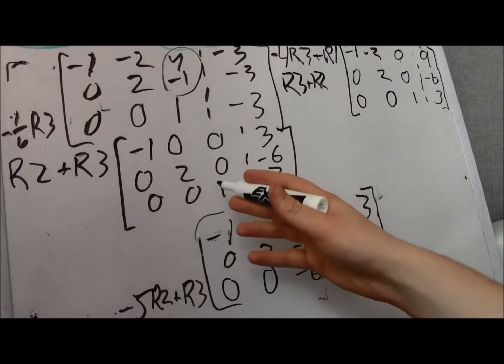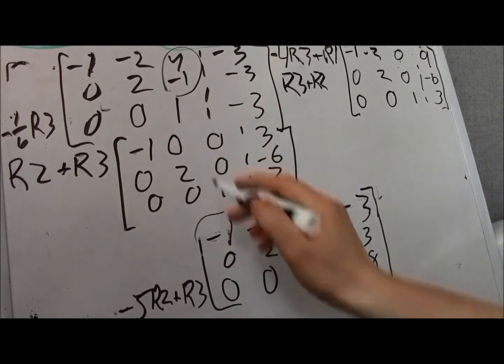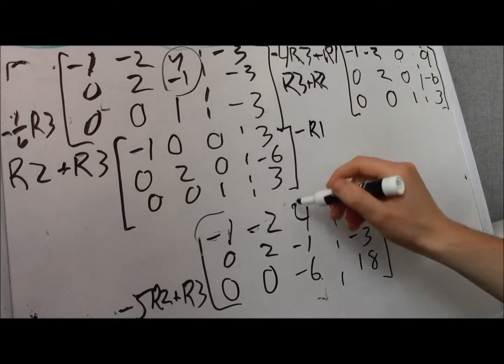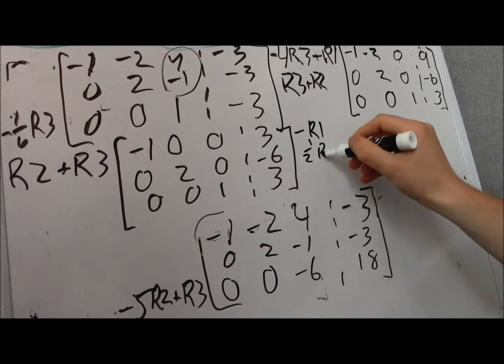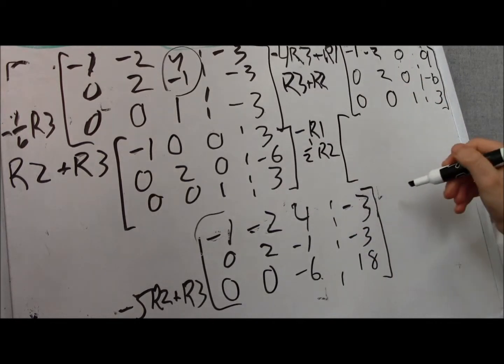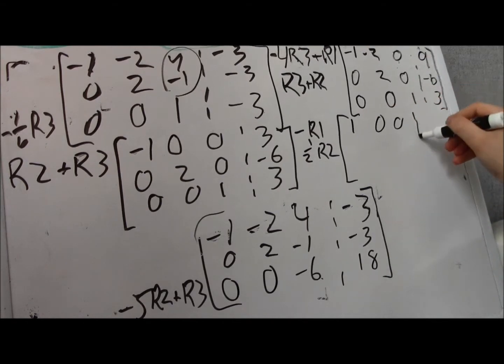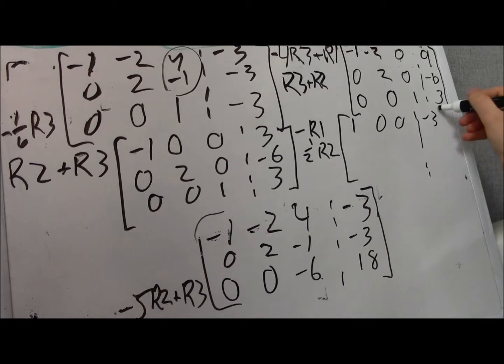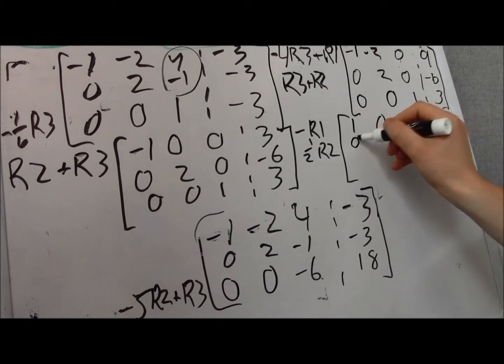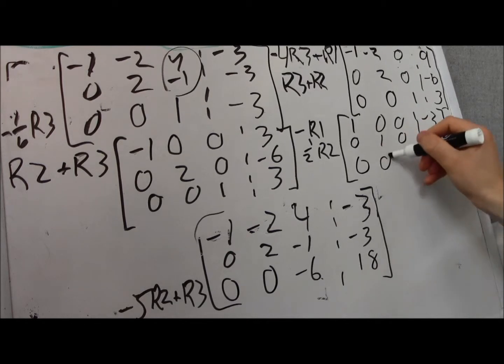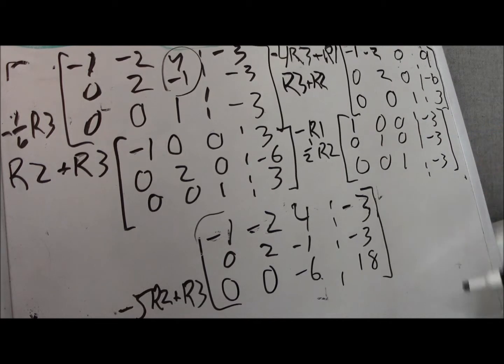And now we have all our zeros. Now we just gotta turn these into ones. So negative row 1 and 1/2 row 2. So we get 1, 0, 0, -3, 0, 1, 0, -3, 0, 0, 1, -3.